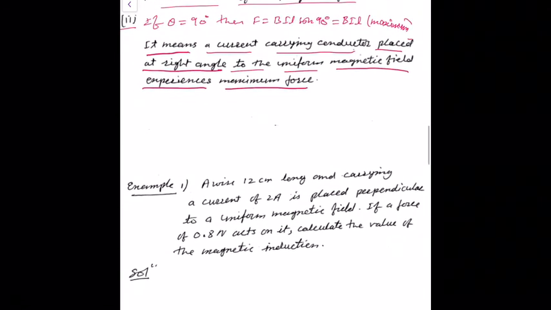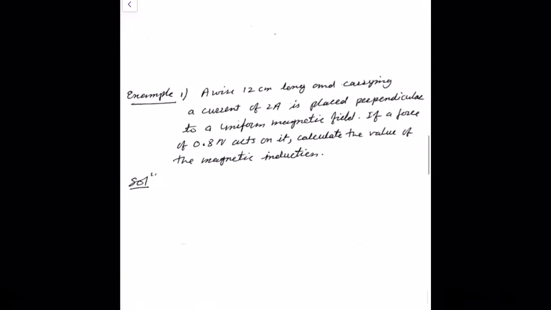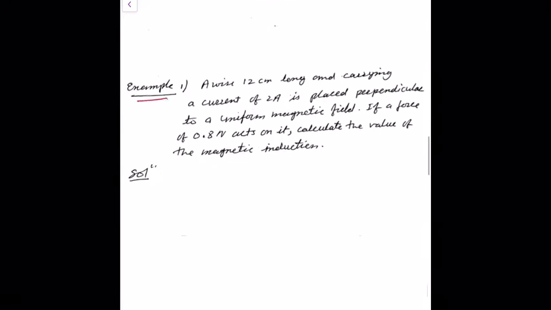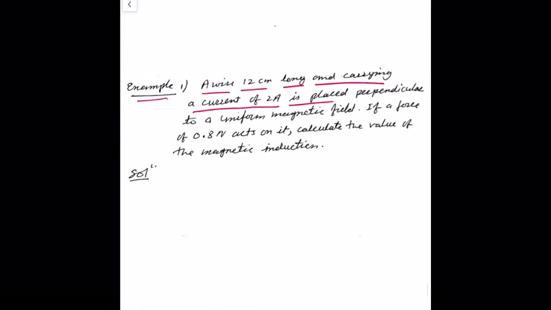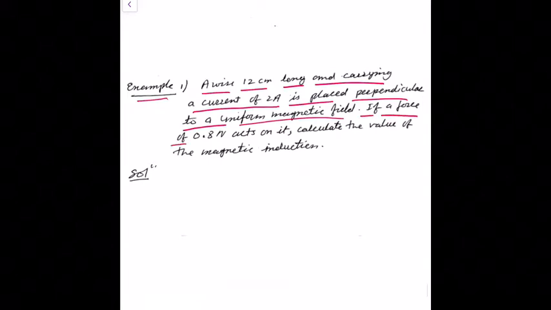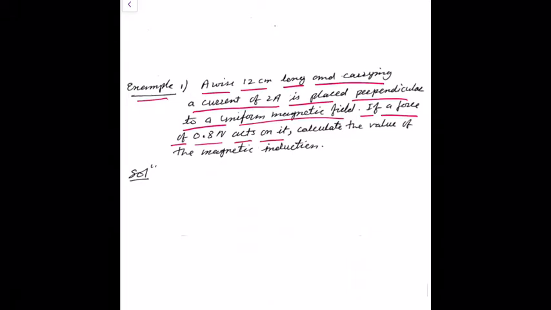Okay, so next example. A wire 12 cm long and carrying a current of 2 ampere is placed perpendicular to a uniform magnetic field. If a force of 0.8 Newton acts on it, calculate the value of magnetic induction.